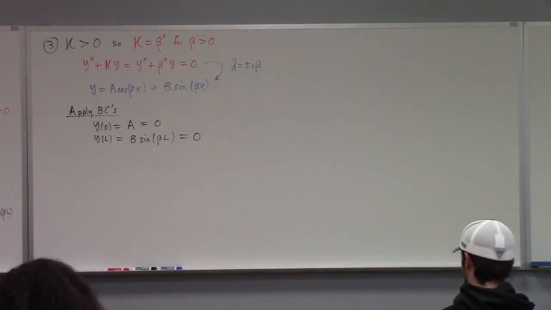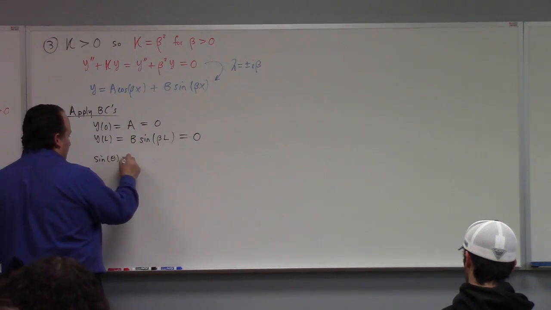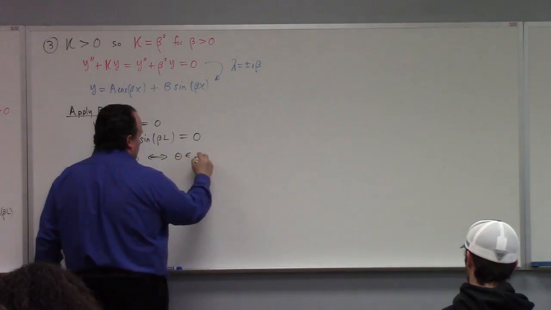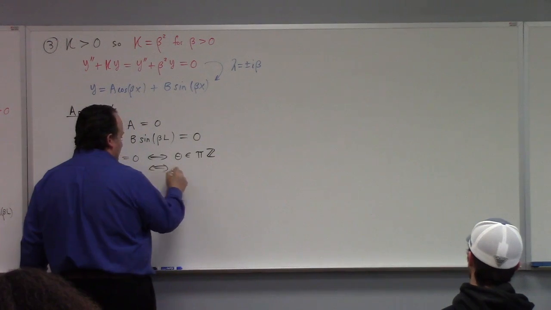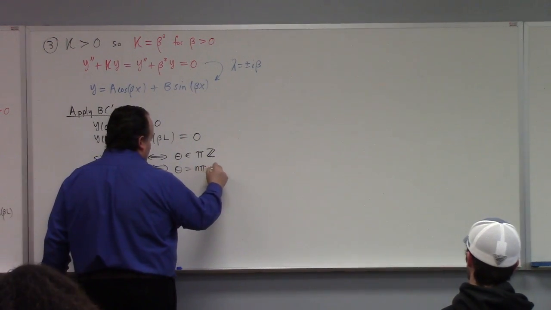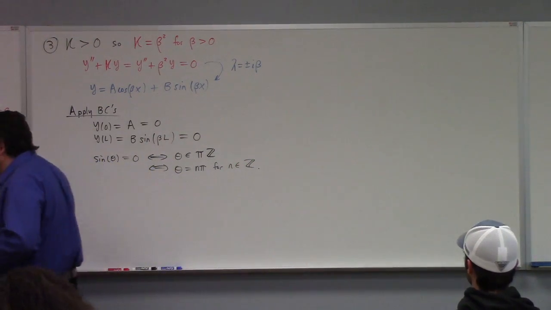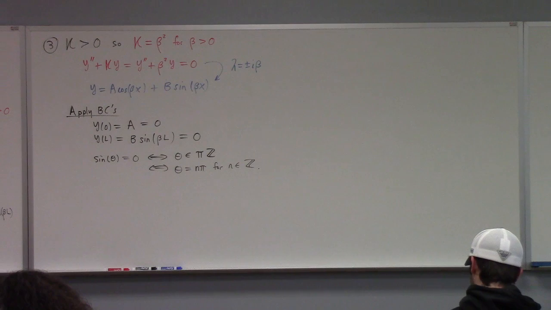Wrong. Sine is 0 for what? If I have sine of theta equals 0, what are the solutions to this? This is true if and only if theta is an element of pi Z. In other words, if and only if theta is equal to n pi for n an integer. Any integer multiple of pi gives us that sine of that multiple of pi is 0.